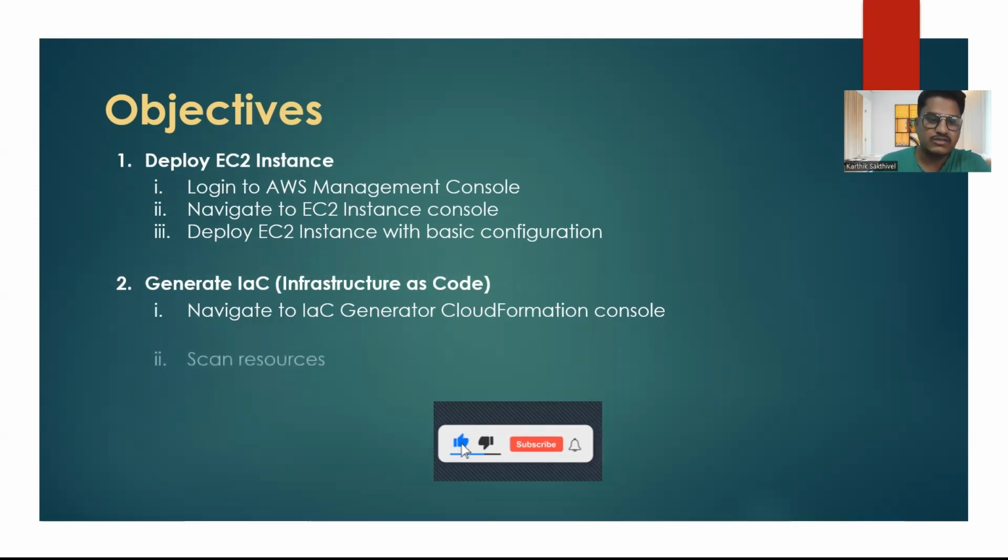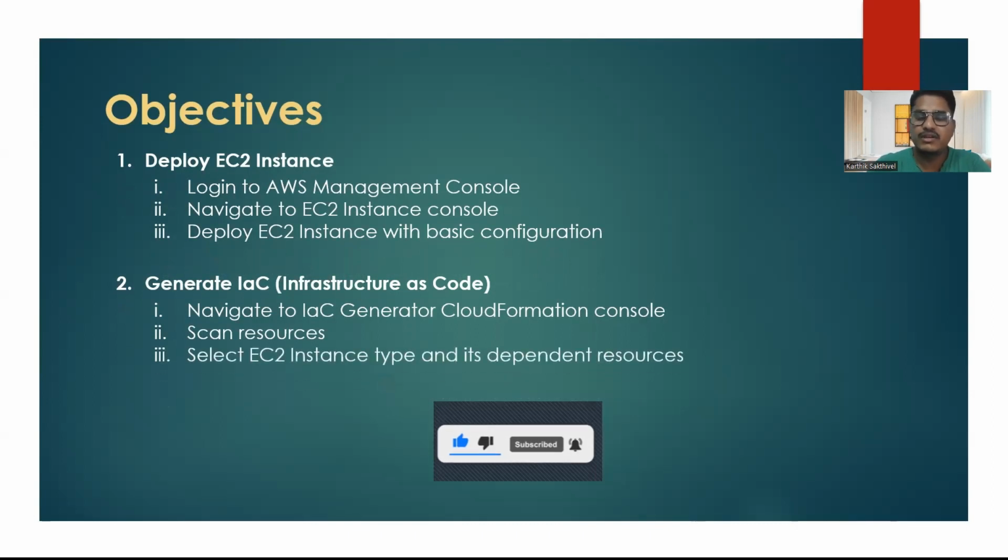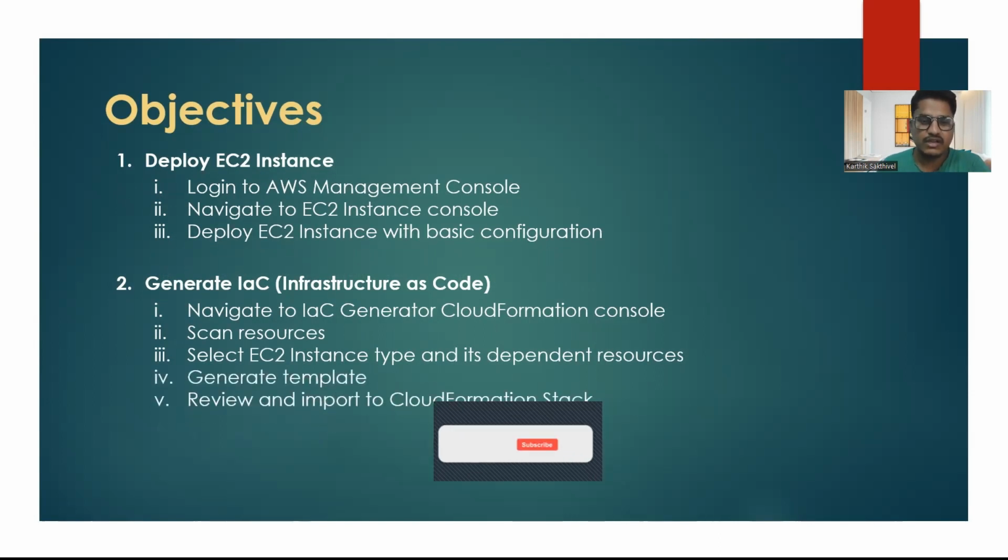Then we need to scan the resources and select the EC2 instance type and its dependent resources. Then we need to review and import the selected values into a CloudFormation stack, so that for the unmanaged EC2 instance, whatever changes are required, we can directly manage them from the CloudFormation console itself.